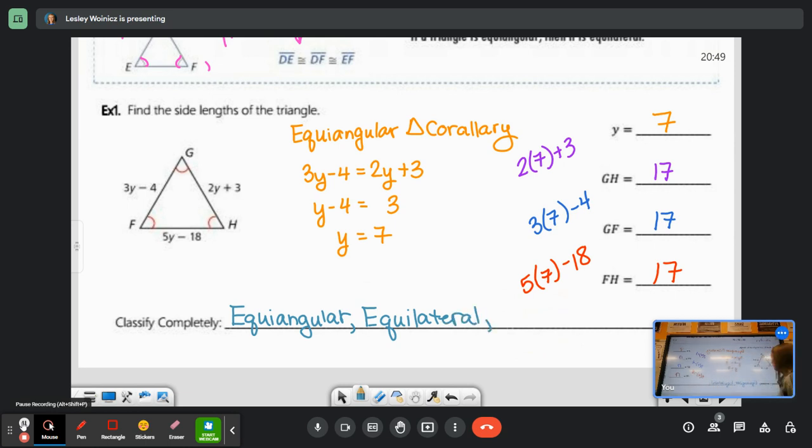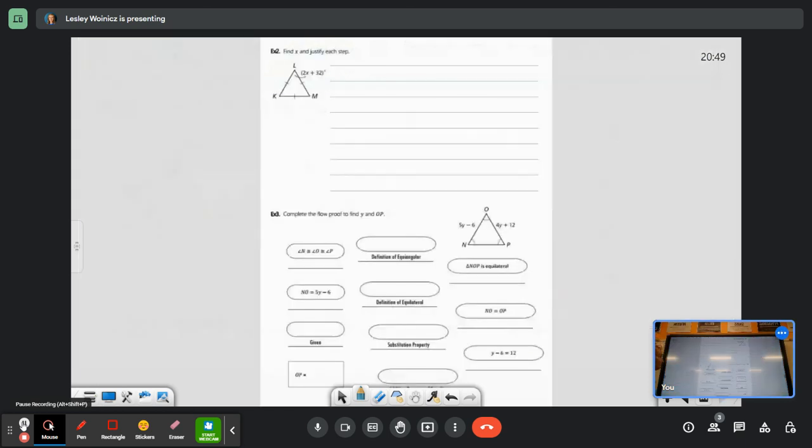All of the angle measures have to be 60 degrees because they have to be the same and they have to add up to 180, right? So it's also acute. Lots of stuff about it.